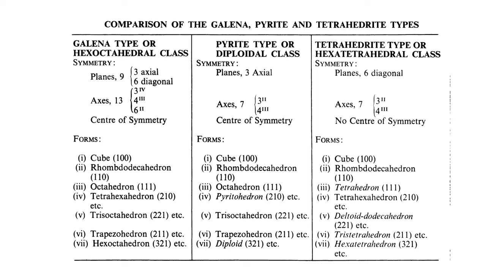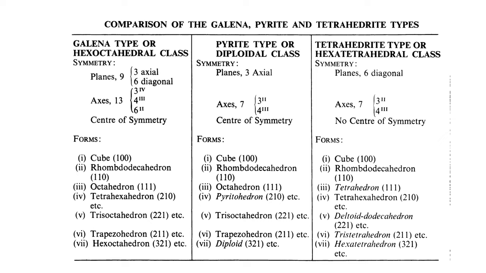So the Galena type possesses 9 planes of symmetry, the 3 axial planes and 6 diagonal planes, and 13 axes of symmetry, in which 3 axes are of 4-fold symmetry, 4 axes are of 3-fold symmetry, and 6 axes are of 2-fold symmetry, and also a center of symmetry.